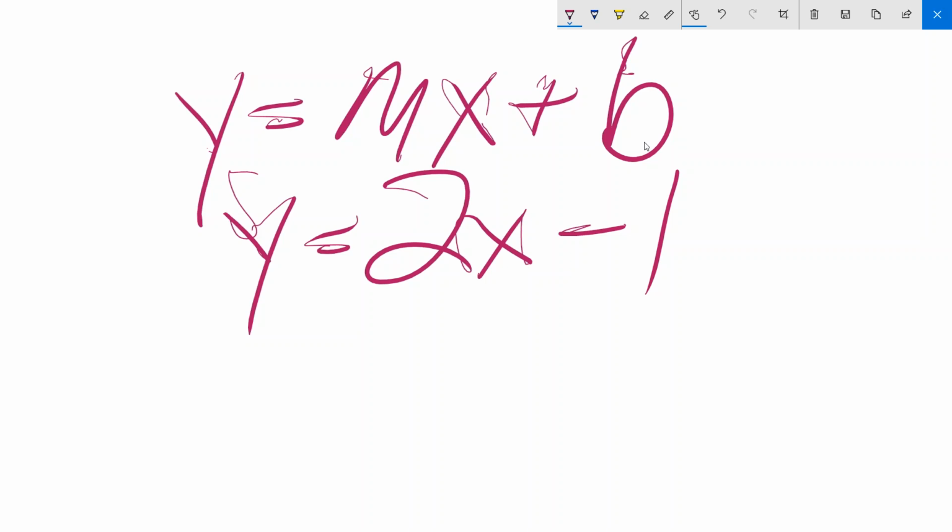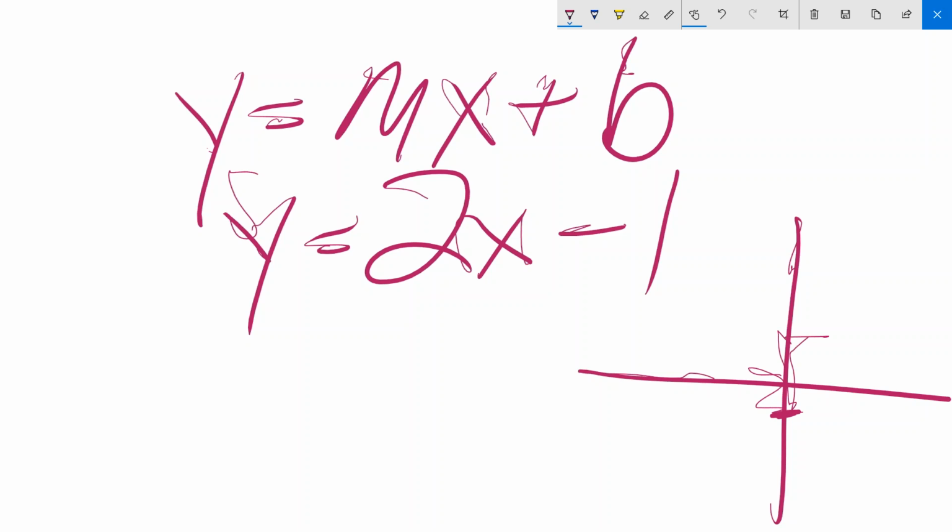Oh, 2. Okay. What's the y-intercept? -1. Okay, so if I wanted to graph that straight line, I would start at -1 right there, and I would apply the slope of 2, which means I'm going to go up 2 and to the right 1 for my second point, and I'm just going to draw a straight line through those 2 points. That's the equation of that line.